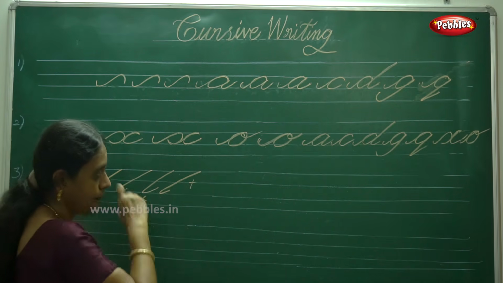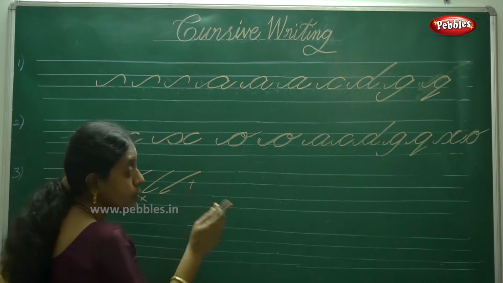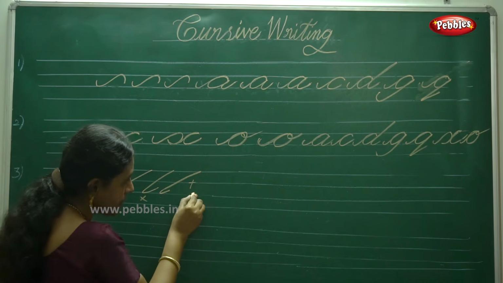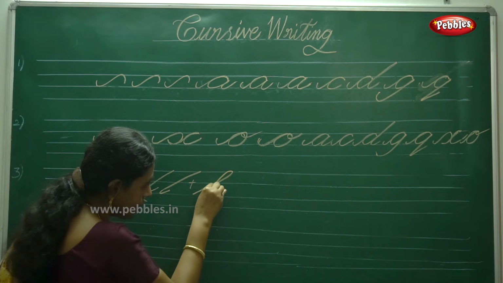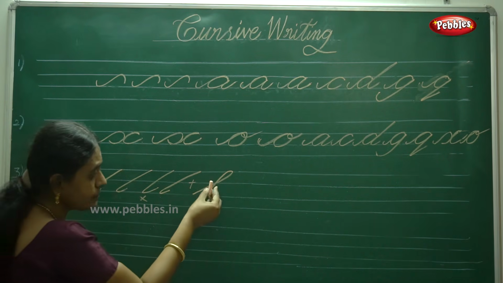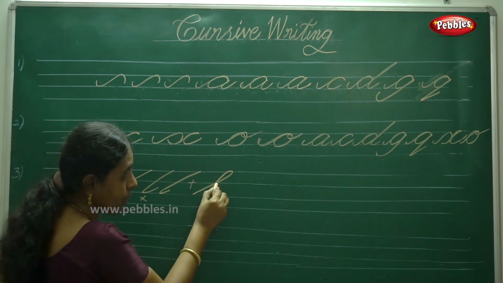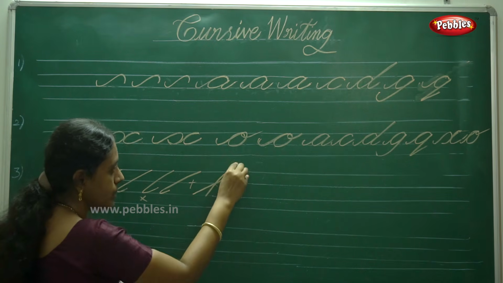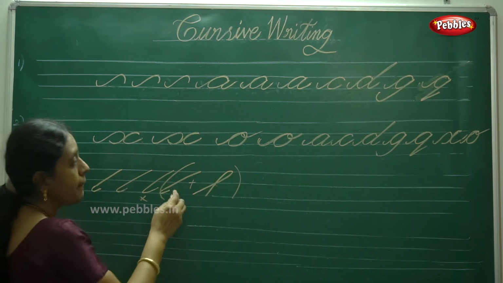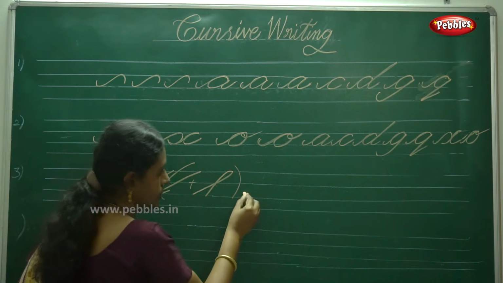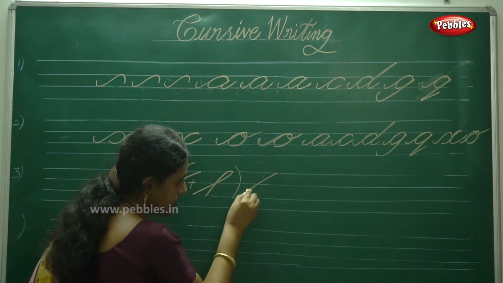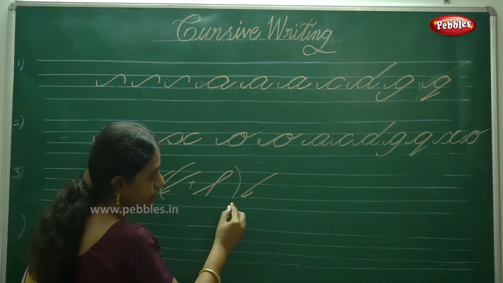This is adding with one more basic stroke. Start from bottom to ascender, just exactly cross out only in the top line. These two are basic strokes. Listen, slanting line and bend.